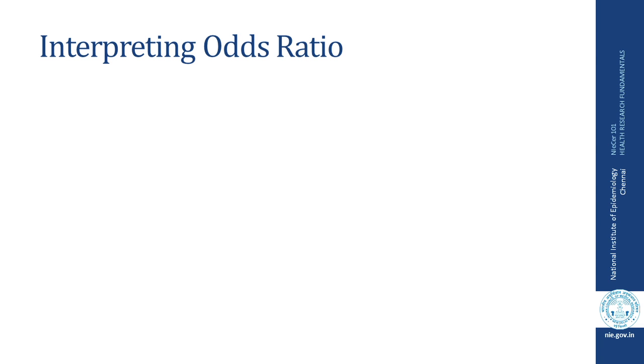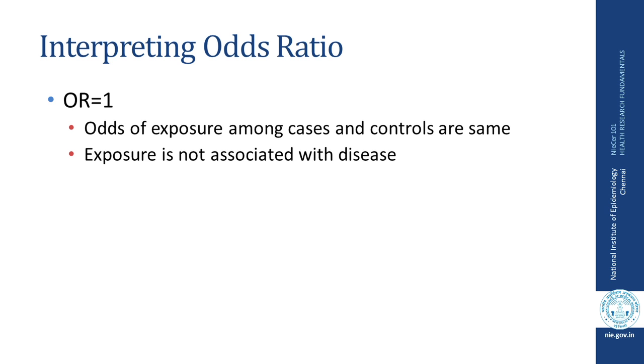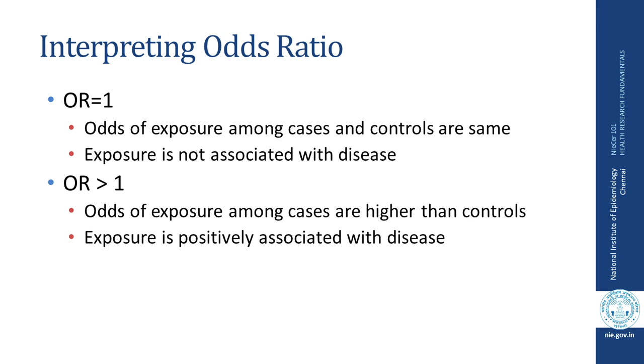How to interpret this odds ratio? Again, like relative risk, there could be 3 scenarios. One is odds ratio equal to 1. If odds ratio is equal to 1, it means that odds of exposure among cases and controls are the same, and we can conclude that exposure is not associated with disease in such situation. Odds ratio could be more than 1.